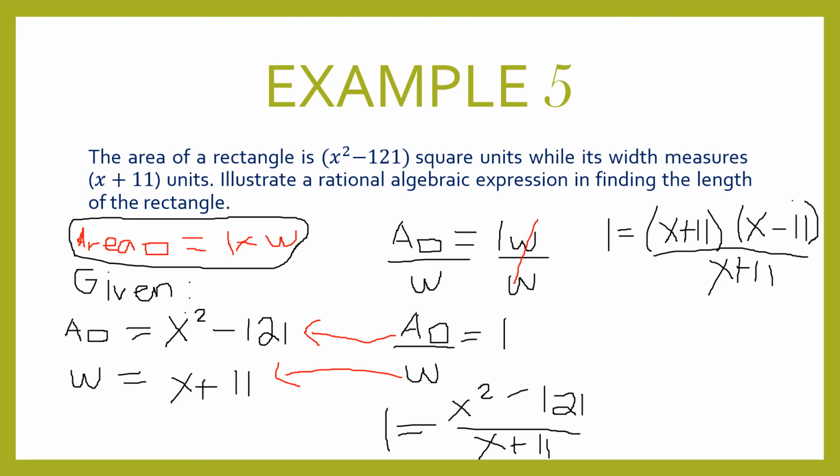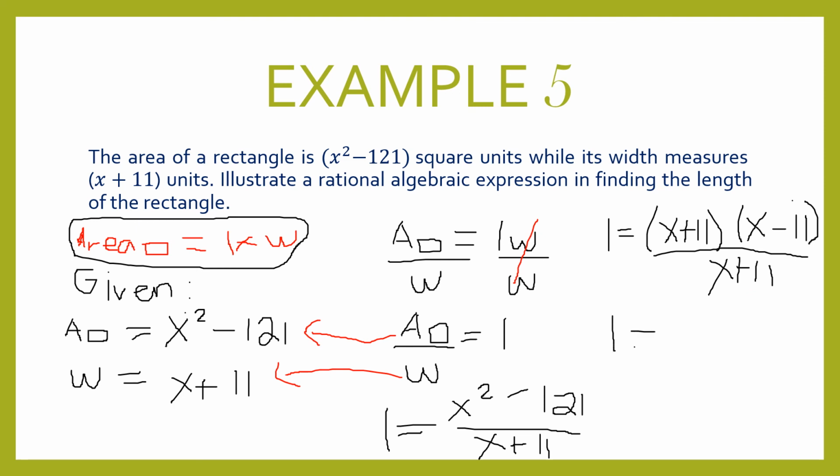Since product yung nasa taas, pwede nating i-cancel yung x plus 11 and x plus 11 dito sa denominator. So, itong dalawa, x plus 11, x plus 11, that is equal to 1. So, we can write now the length.